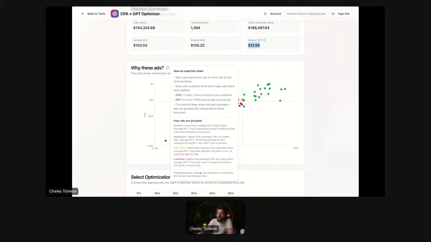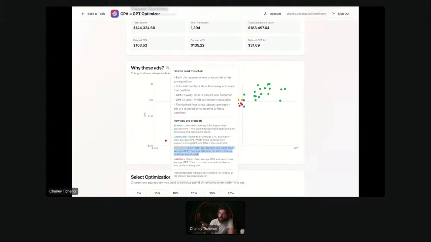Now, we also have this section in yellow called fake wins. These are the ones that have a better than average CPA, but a lower than average GPT, meaning they look really efficient. But the AOV is low, meaning the profit per sale is weak. The fake wins is where you're most likely to see a ton of ads that have a really good return on ad spend.